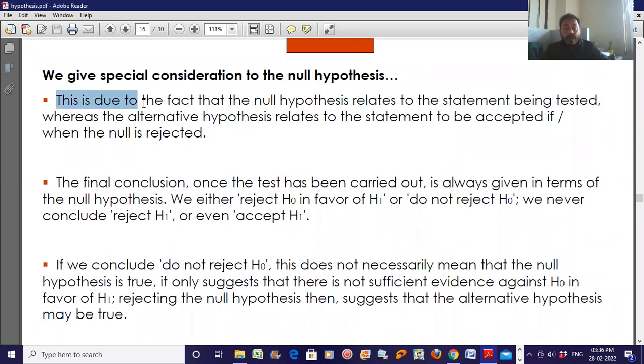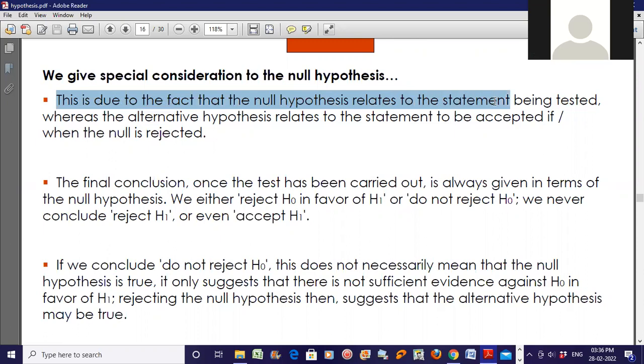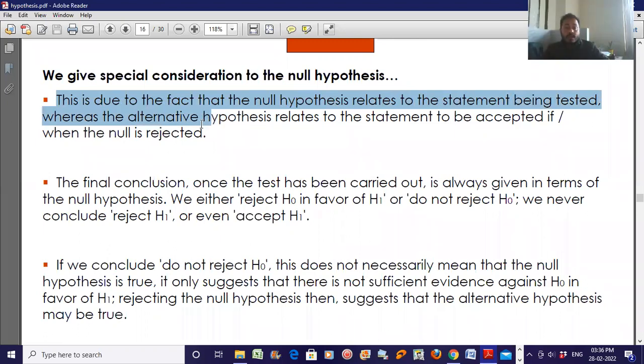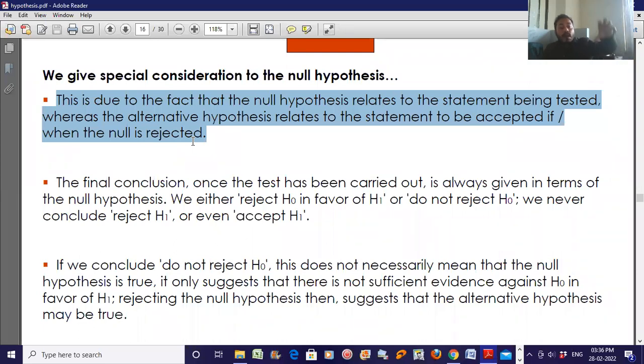This is due to the fact that the null hypothesis relates to the statement being tested, whereas the alternative hypothesis relates to the statement to be accepted if or when the null is rejected. इसका मतलब ये है कि we have one alternative hypothesis, but we are not directly coming to that alternative hypothesis, right? We come to the alternative hypothesis only when our proposed null hypothesis is false, or it's been proved false, or it's been rejected.